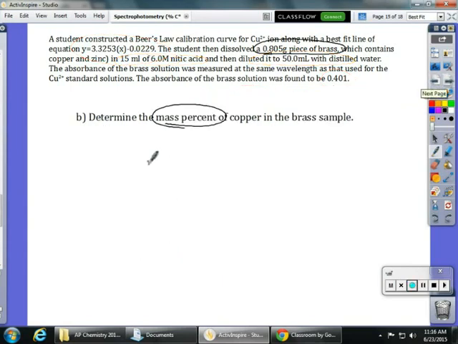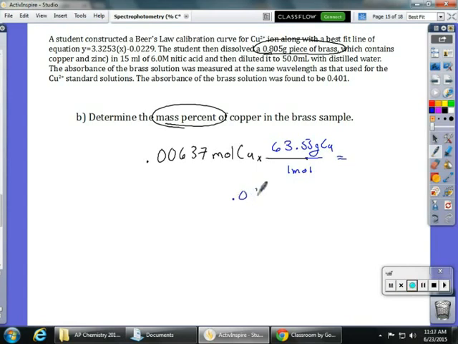So if we know that we have 0.00637 moles of copper, we can turn that into grams. We're going to go to the periodic table. We're going to look up the molar mass, 63.55 grams of copper in every 1 mole. That's going to be 0.405 grams of copper in the sample.